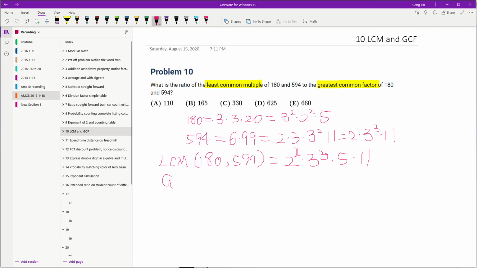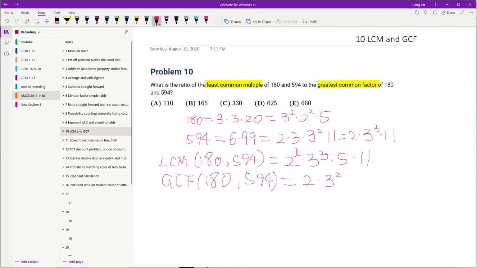And the GCF of 180 and 594 will be equal to, taking the least power, 2 multiplied by 3 squared, and that's it.